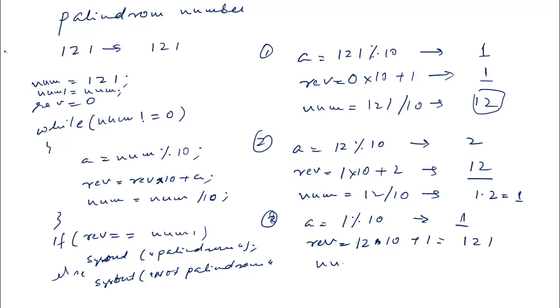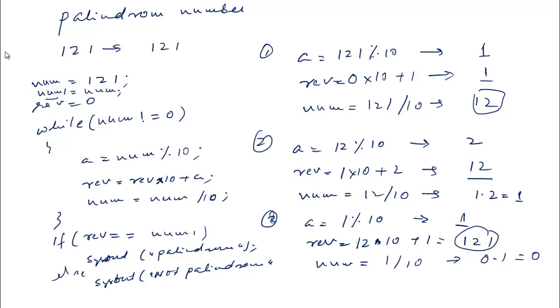Then num equal to 1 divided by 10 becomes 0.1, so 0 will remain. So now num equal to 0, it comes out of the loop, and then I'll check with num1, which contains the original number 121. In reverse it is 121 equal to num1, then it is a palindrome number, otherwise it is not a palindrome number.